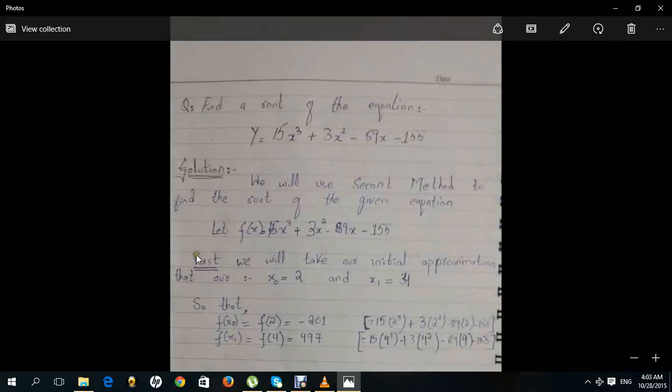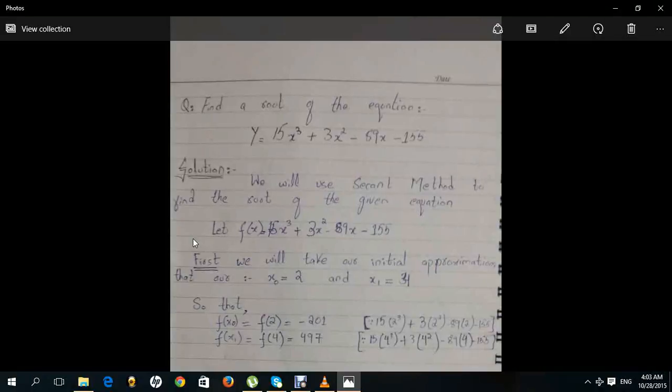First, we will take our initial approximations, which are 2 and 4. I have assigned variables to them, x0 and x1. So x0 is equal to 2 and x1 is equal to 4.